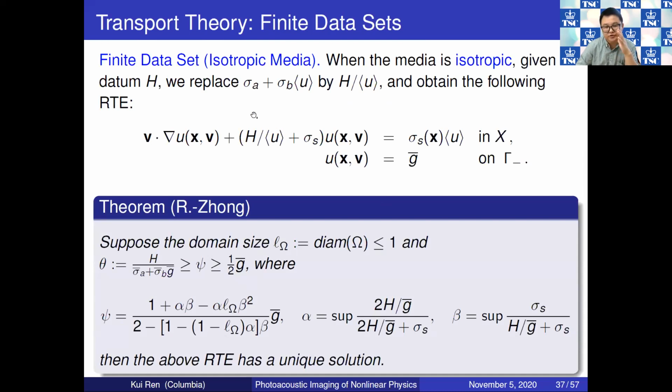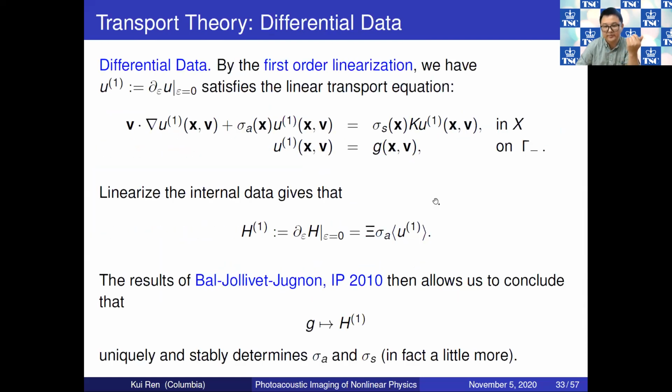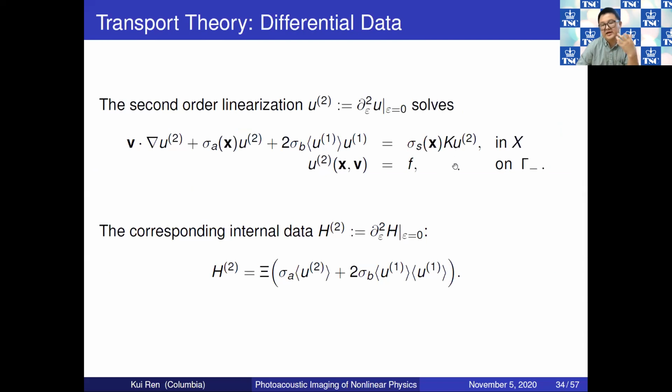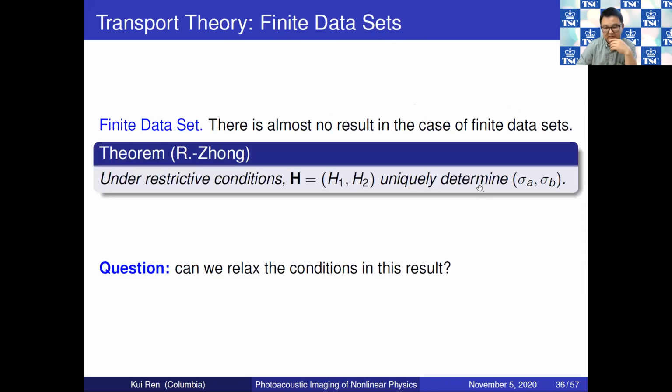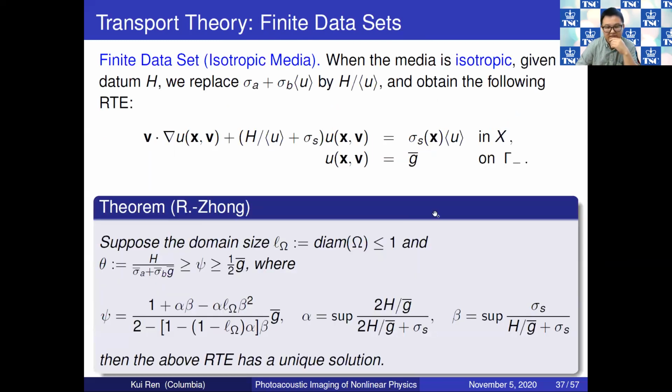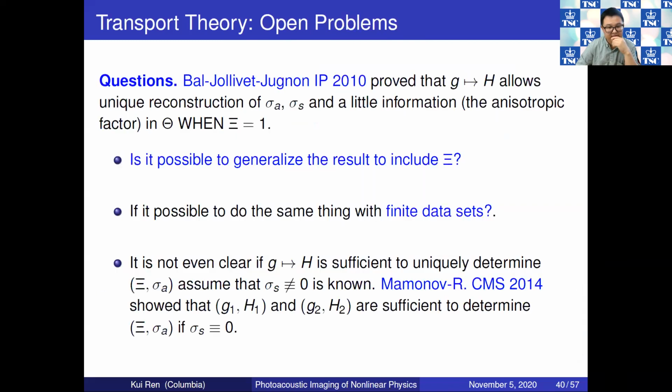This result tells you that if the scattering kernel K has an isotropic kernel identity, then there's a fixed point iteration you can use to reconstruct the coefficient. Not only is there a unique result, but there's an explicit procedure. Because I'm running out of time, let me skip this.